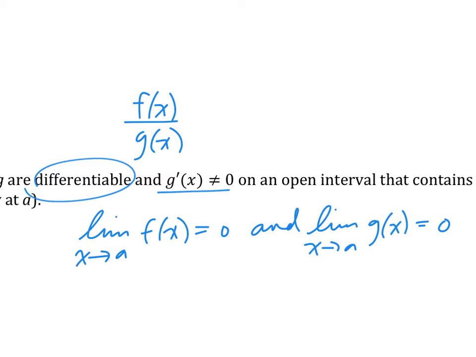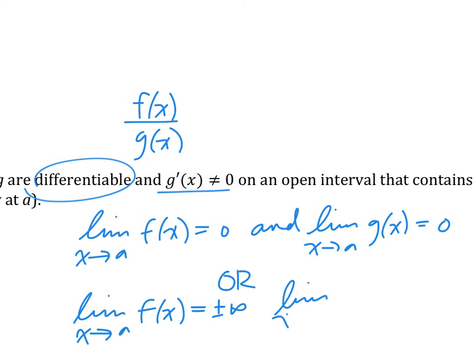And both of them, when you're trying to evaluate at a, both of them go to 0. Or both of them at a go to plus minus infinity. So that's another possibility where they don't both go to 0. I'm sorry, that's g. They can both go to plus minus infinity as well.